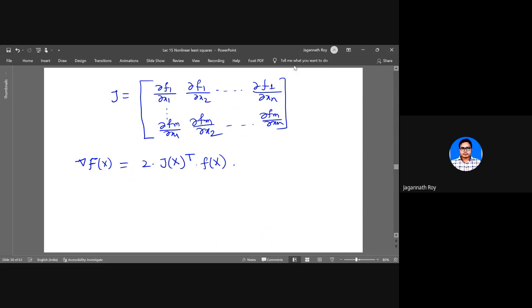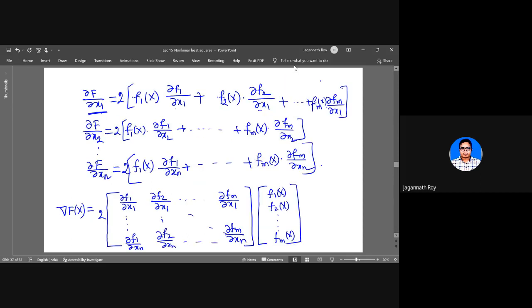Now, if you look at this formula, what is actually happening in this case? Del f del xj is nothing but 2 times the summation i equals 1 to m of fi(x) into del fi del xj. So if you look at this expression, this can be expressed in this form.